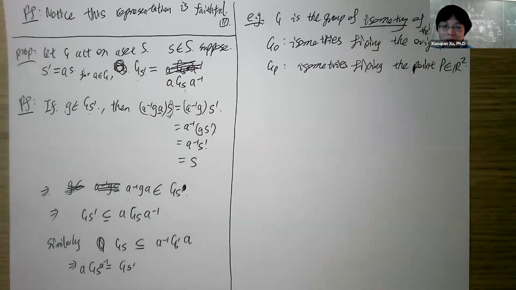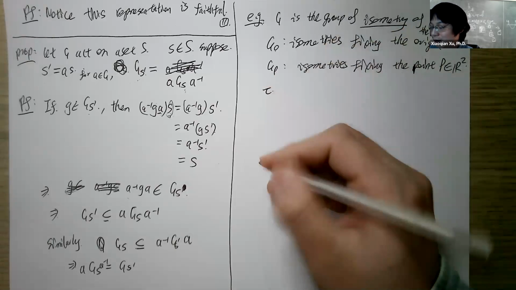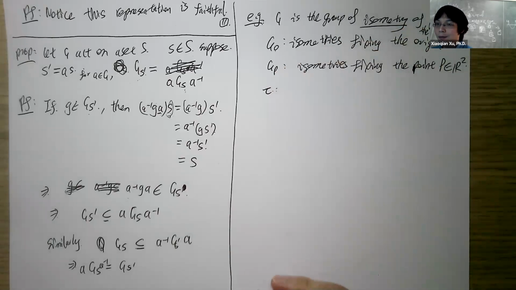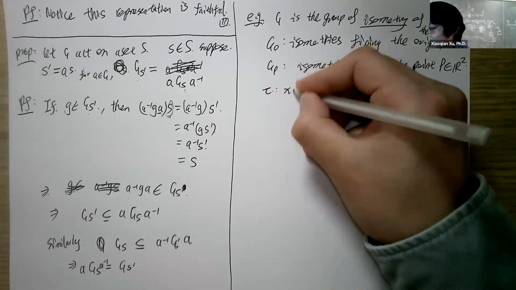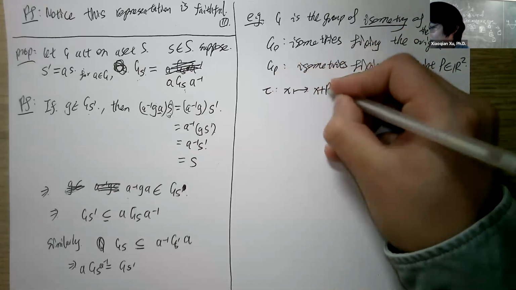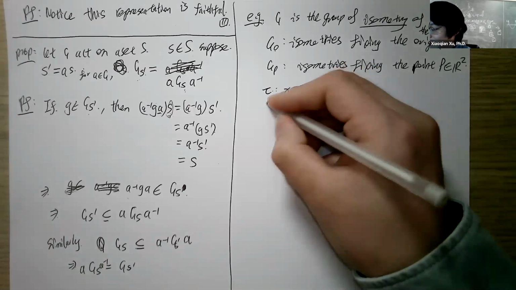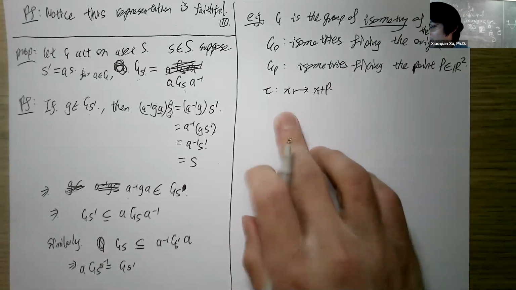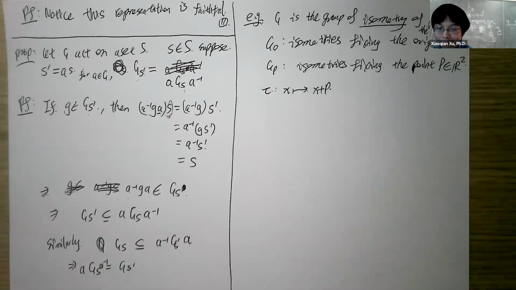Then what you know is, let's assume this tau is a translation such that at any point x it maps to x plus p, which also means tau maps 0, the origin, to point p.